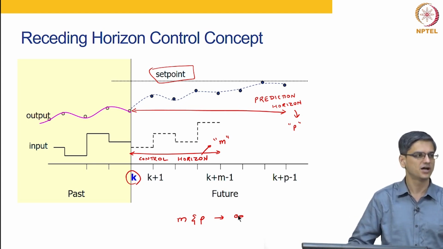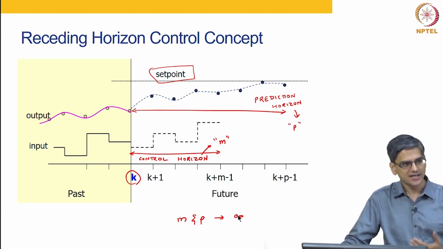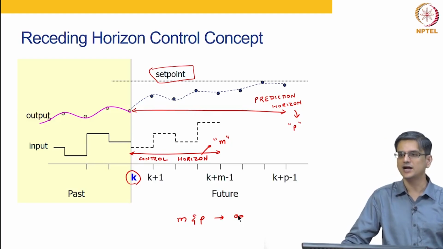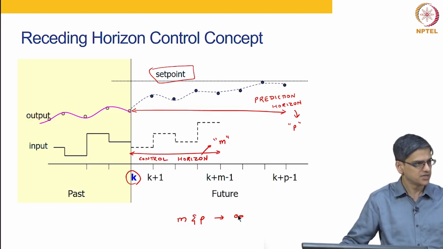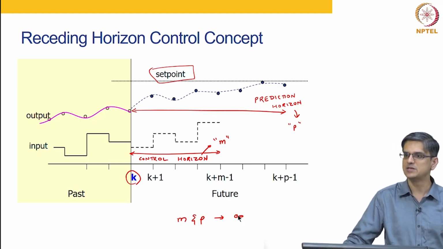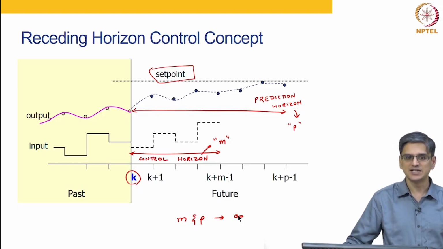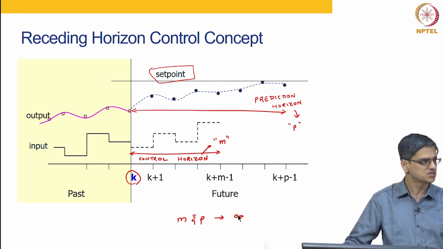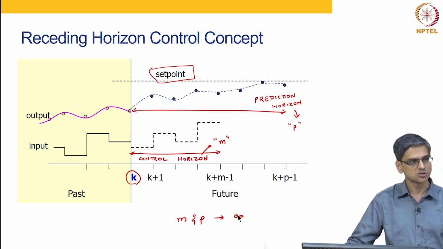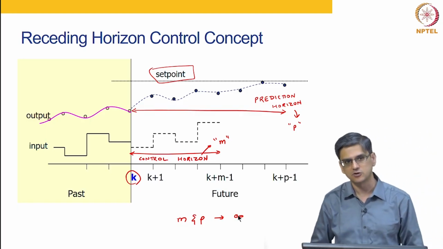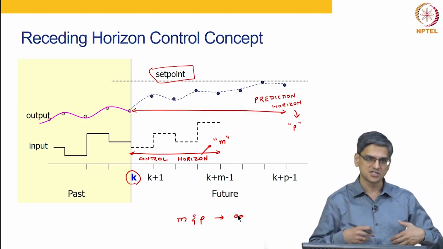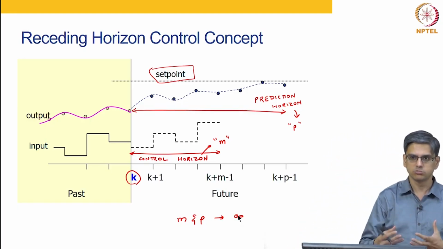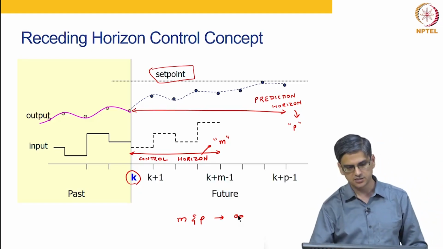Both of them have to be met. If you look at the theory of optimal control in the 1960s, M and P were all infinity, but in MPC M and P are finite. Part of the reason is that it originated in industry to solve a specific set of industrial problems. So, all those constraints were also naturally incorporated in the MPC algorithm itself.